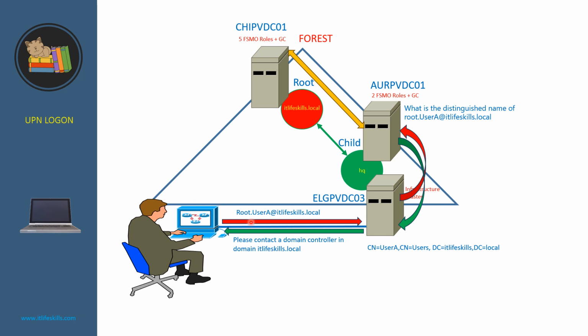The PC then requests its DNS server, LHPVDC03, for a domain controller in the domain itlifeskills.local and gets the answer that the domain controller in the domain itlifeskills.local is cpvdc01.itlifeskills.local. The PC then sends the logon request to cpvdc01 and gets authenticated.